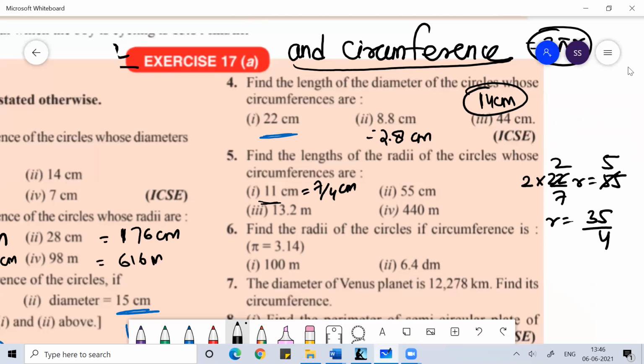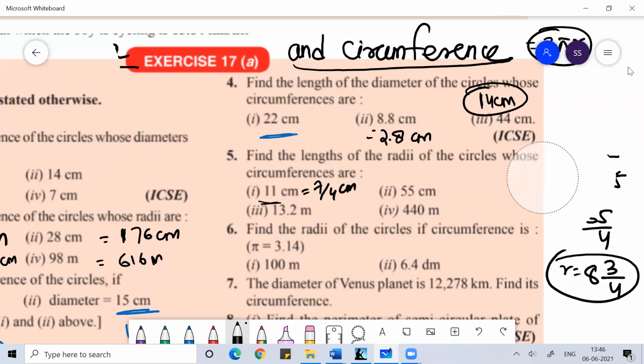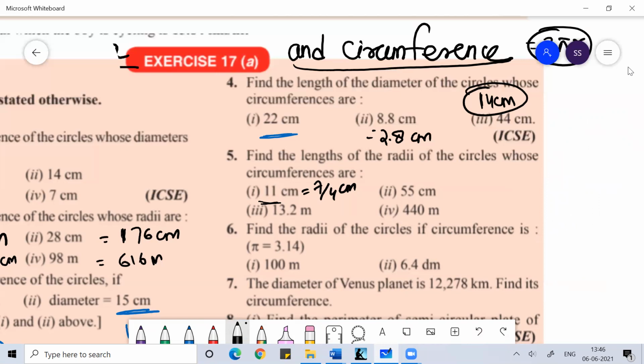This only you got, no? 35, 8.75. So 35 or 5? 5 by 4, no? See, this only 55. This is 2.